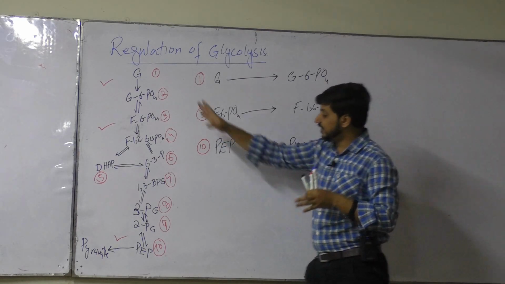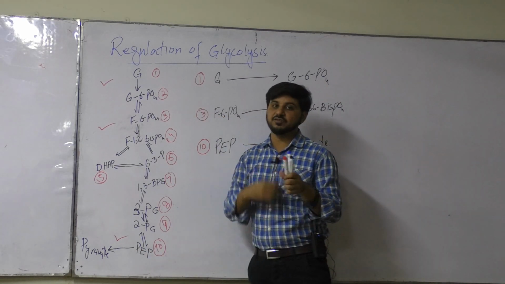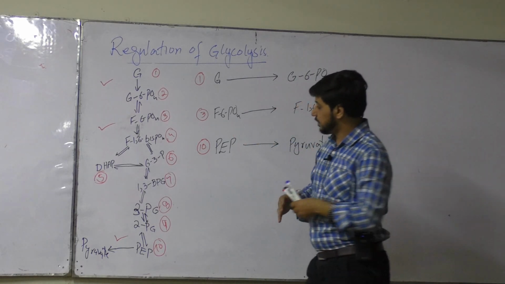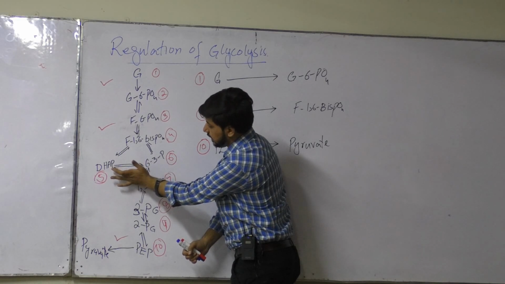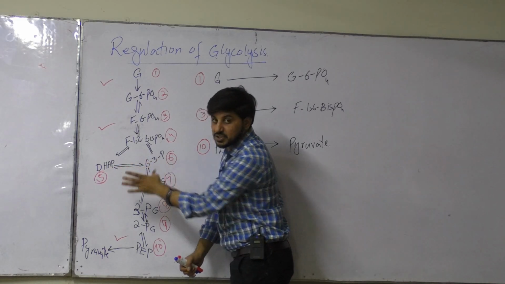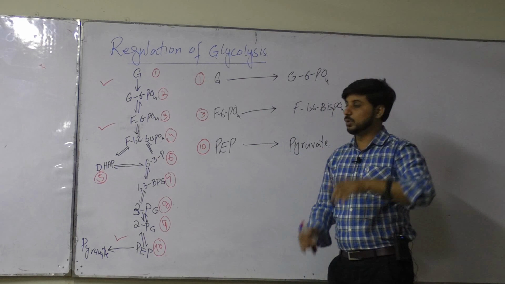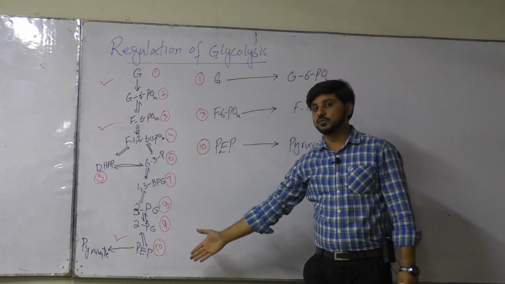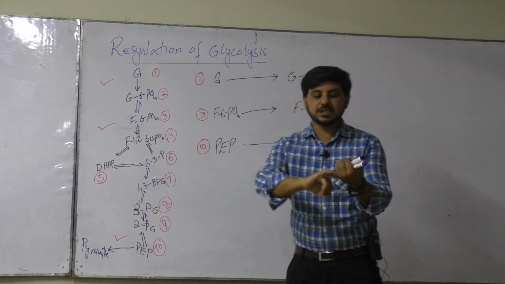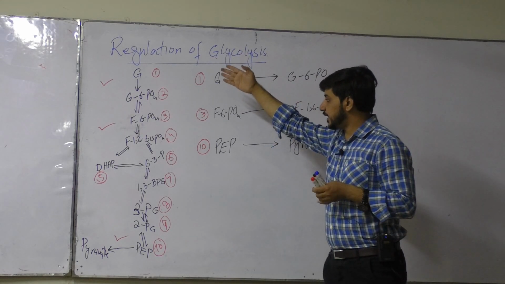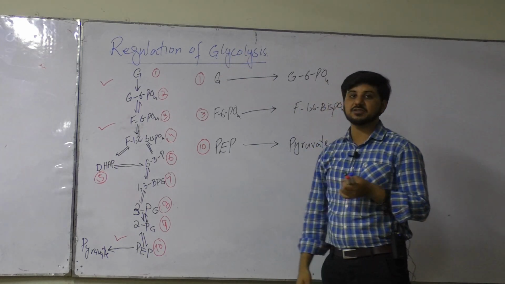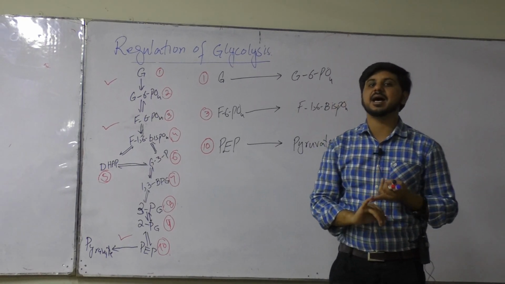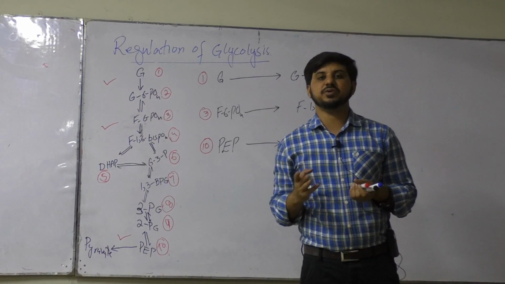In a few books you will find a total of 10 chemical reactions, and in a few books a total of 9, because those books count these 2 chemical reactions as a single chemical reaction. An easy trick to remember the regulatory steps of the glycolytic pathway is to simply remember chemical reaction number 1, 3, and the last.